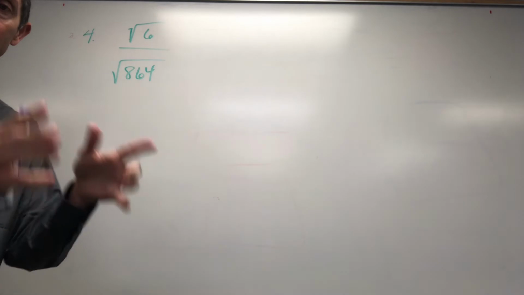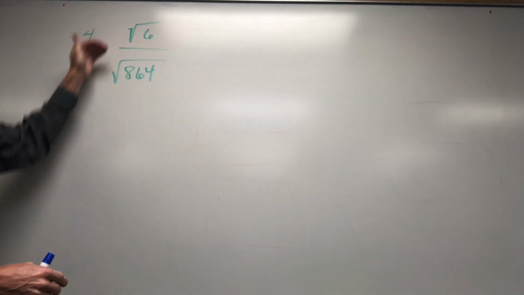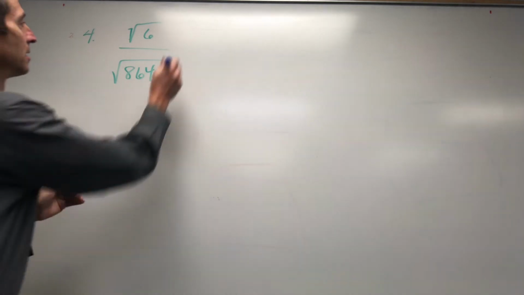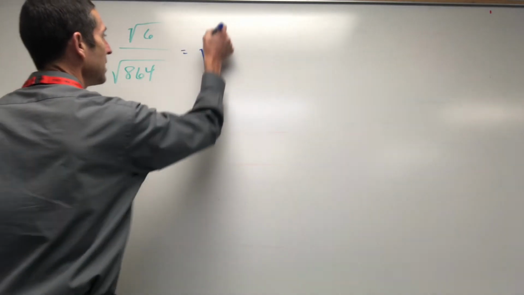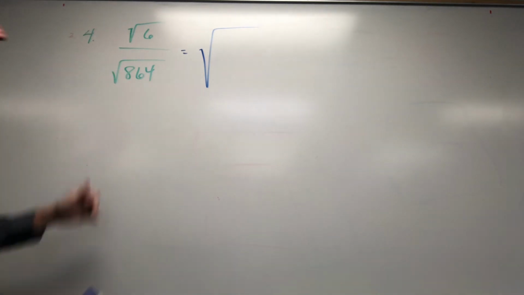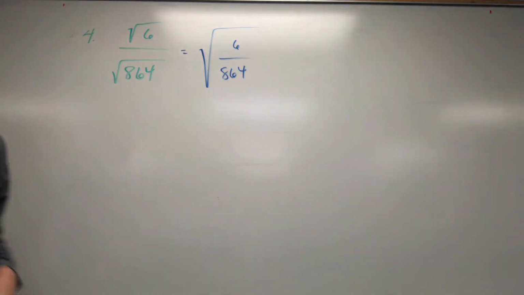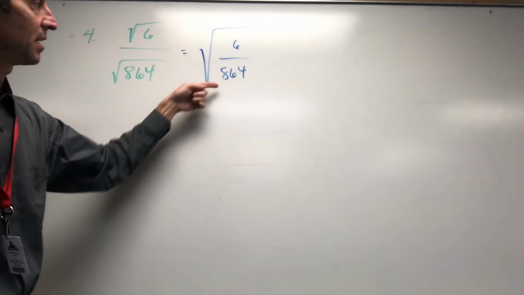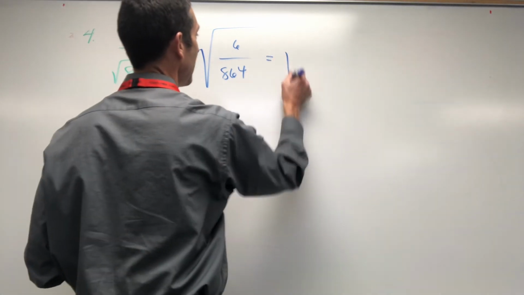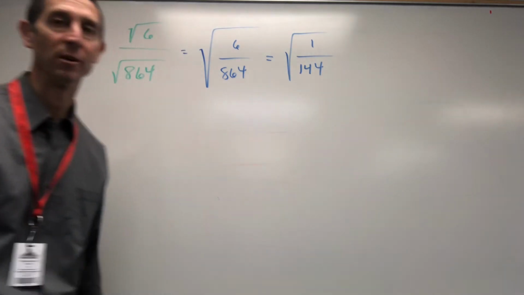Sometimes what you can do is this cool little trick with your root signs. You've got square root up top, you've got square root on bottom. Sometimes it's helpful just to combine it into one giant square root sign. And we're going to put the 6 and the 864 together. Now the reason I was doing that is because 6 and 864, when you reduce this fraction, gives us 1 over 144.